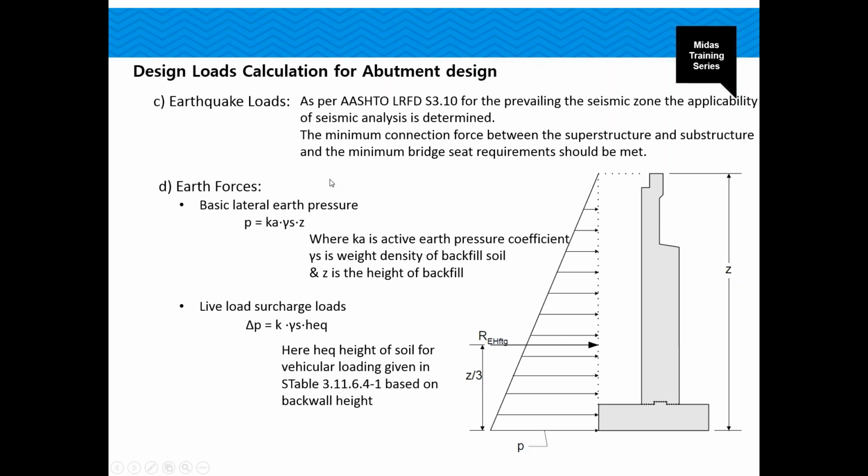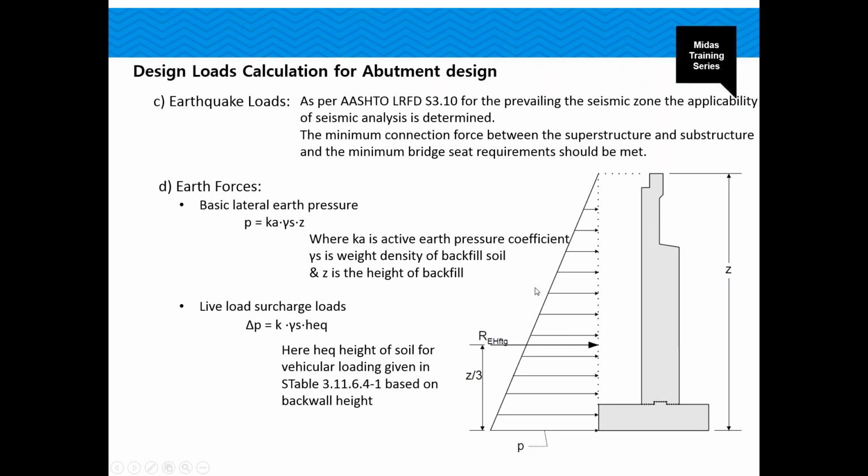The horizontal earth pressure is calculated by Ka gamma Z, wherein Ka is the active earth pressure coefficient, which we generally get from geotechnical data. And then gamma is the density of the backfill material, the backfill soil, and Z is the overall height.